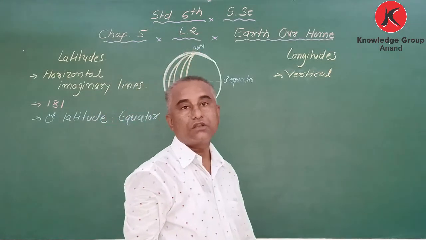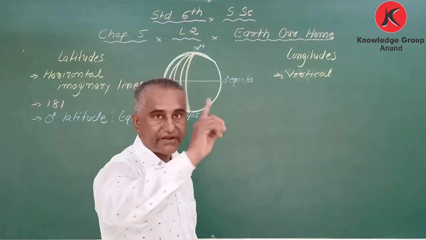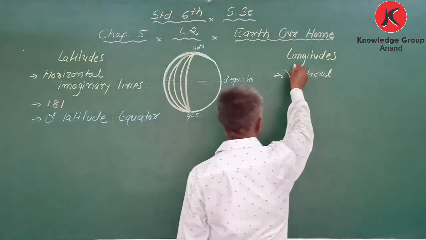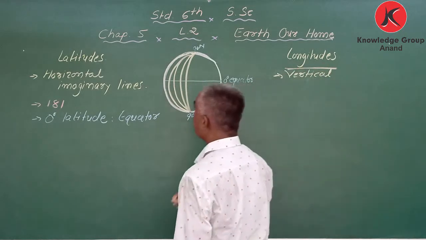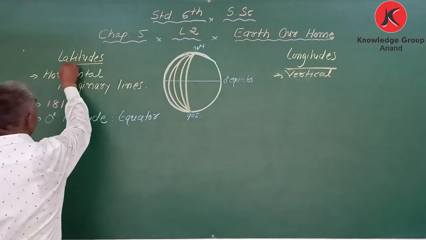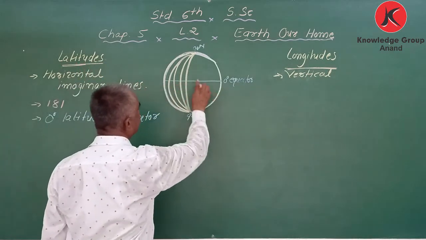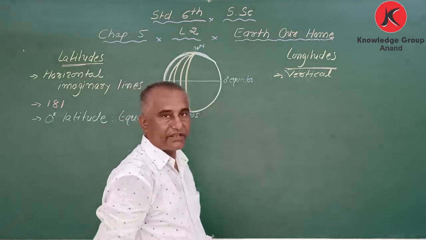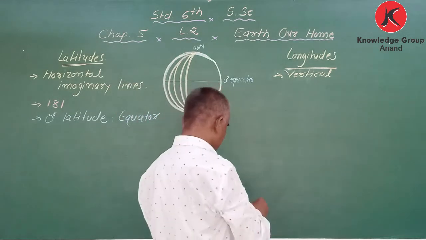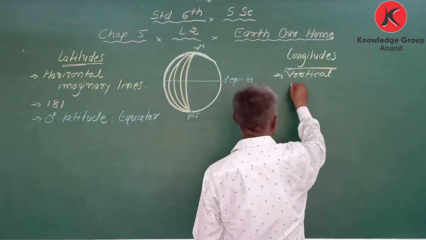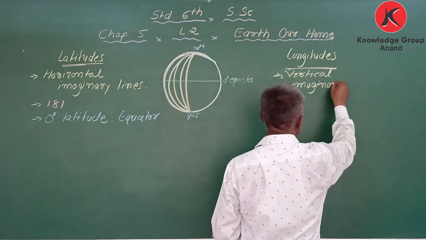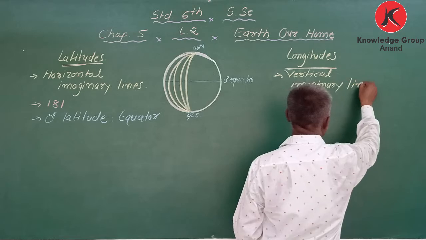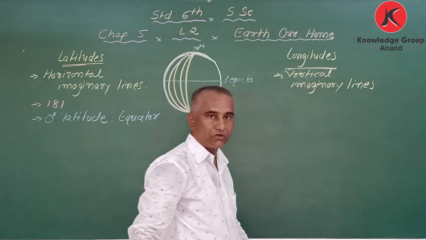So these are called longitudes. These are called latitudes and these are called longitudes. Imaginary vertical lines. Got it?